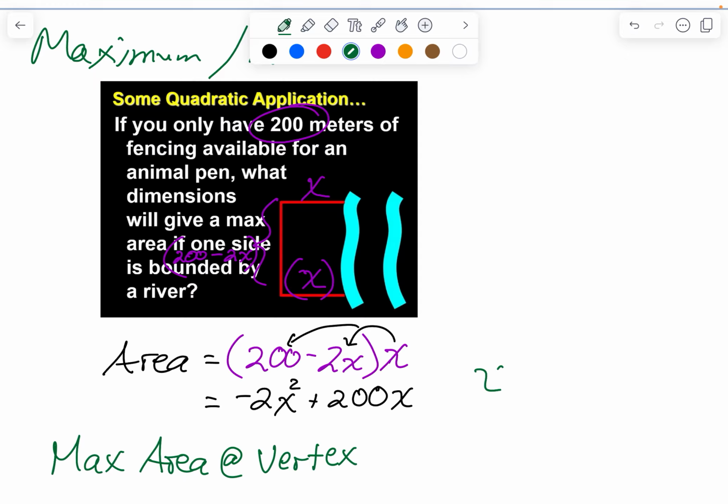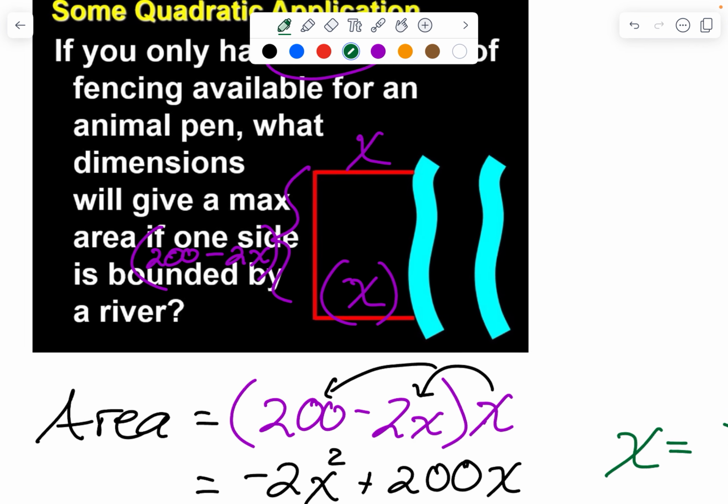Yeah. How about the opposite of b over 2a? It's a pretty simple formula. Here we're going to get basically 200 over 4, which is 50. Now, it's kind of neat to realize that if x equals 50, we're actually talking about the dimensions of this pen.